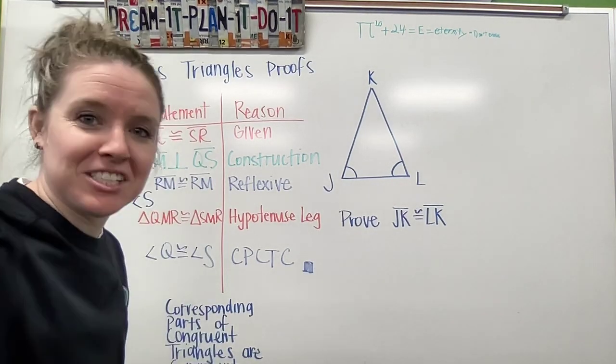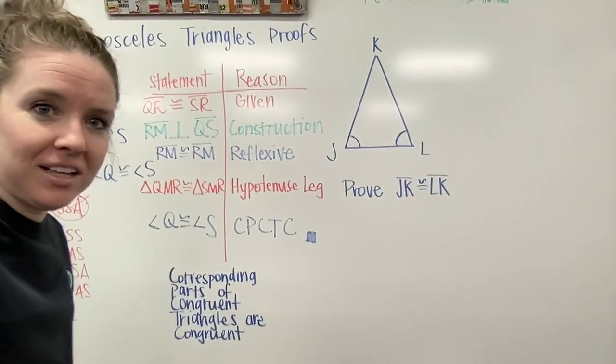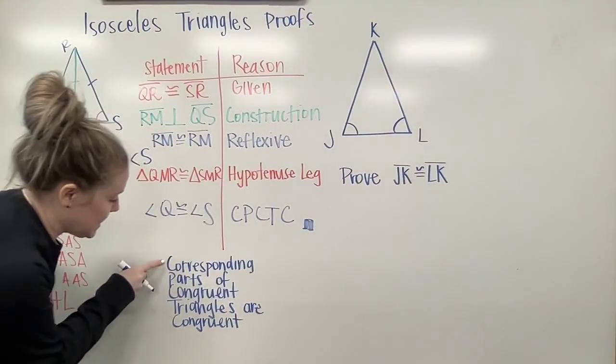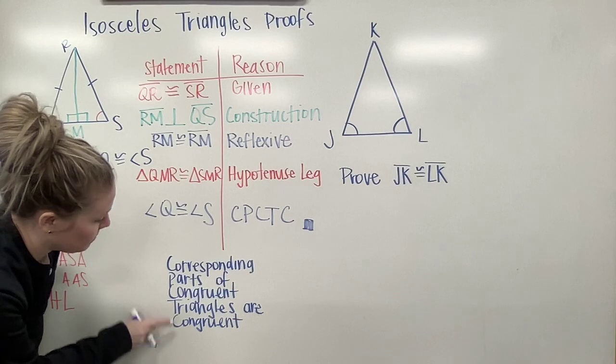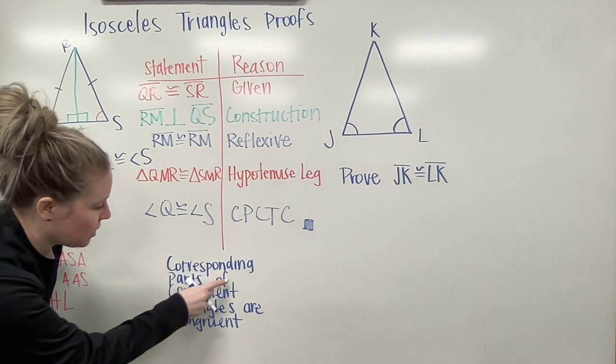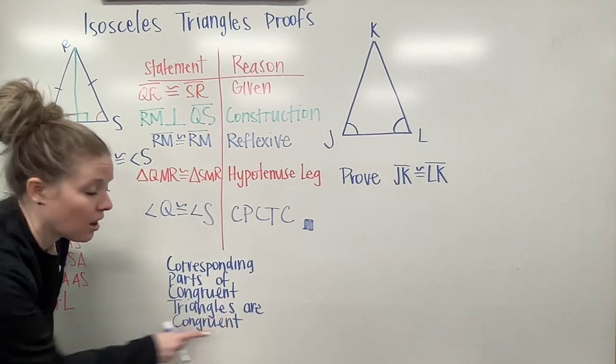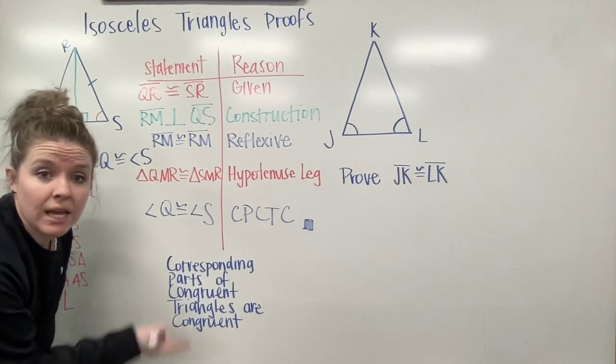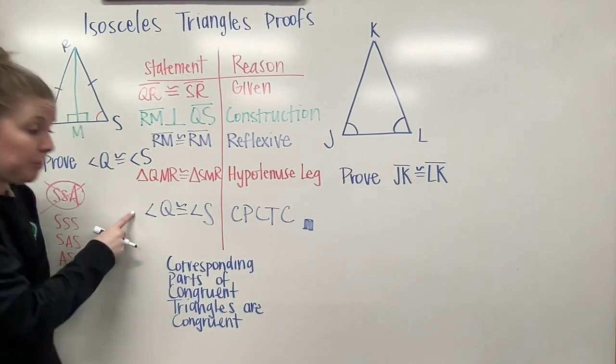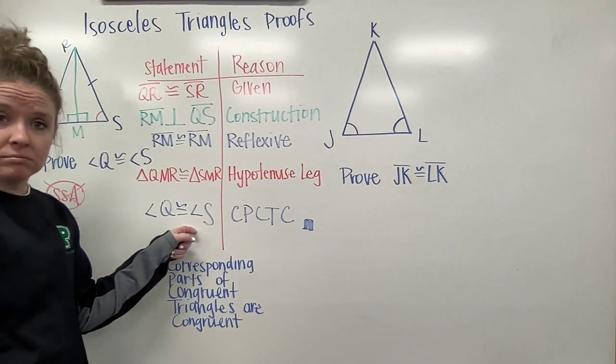Can't see that. Let's duck a little bit. Here we go. It's a little bit better. So here I can see CPCTC. Corresponding parts of congruent triangles are congruent. If my triangles are congruent, every piece is congruent, so my angles are.